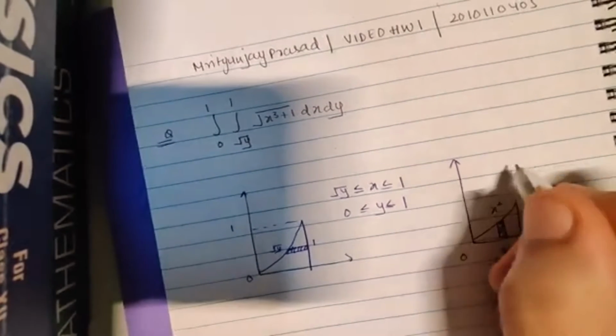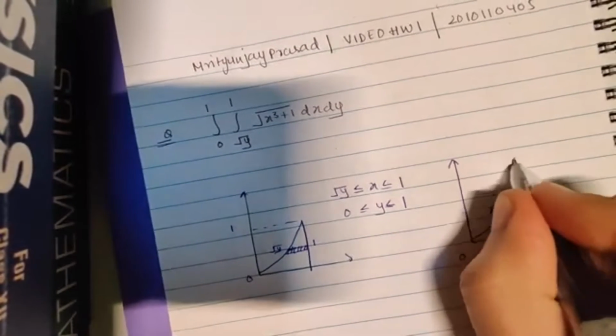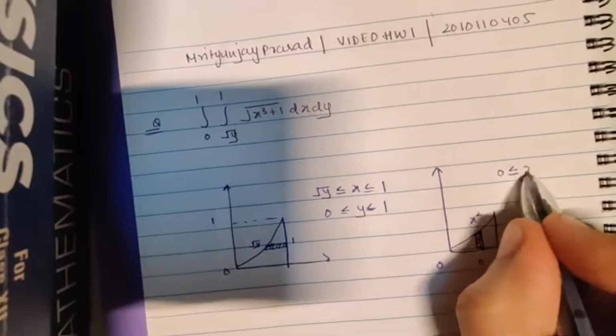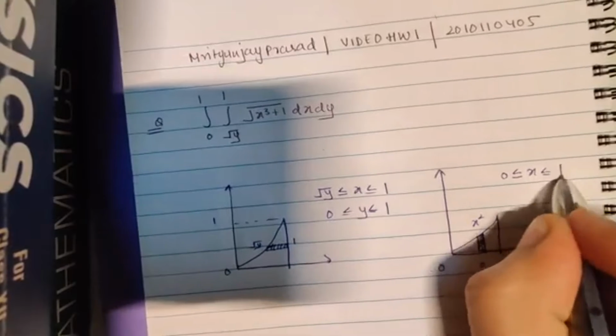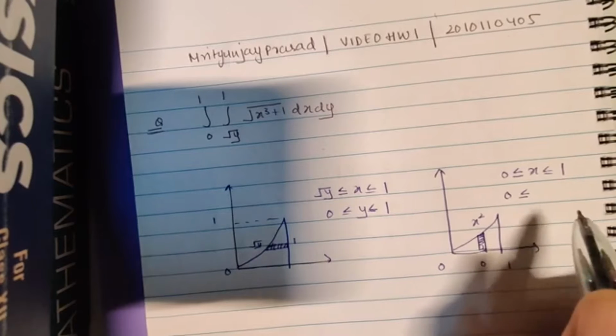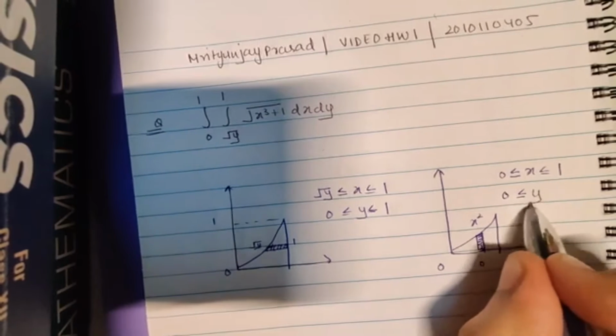So we would again write the same thing down here: 0 is less than or equal to x, less than or equal to 1, and 0 is less than or equal to y, less than or equal to x square.